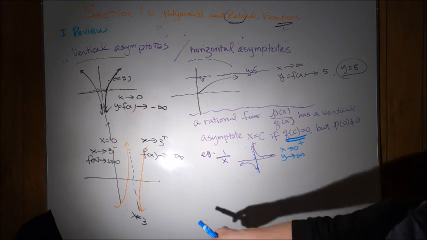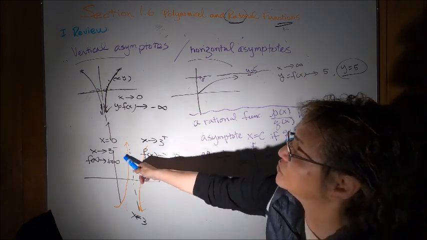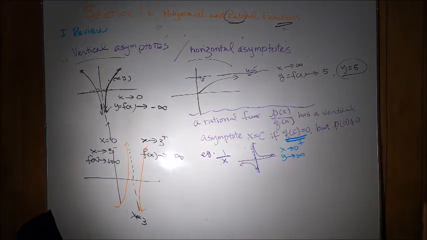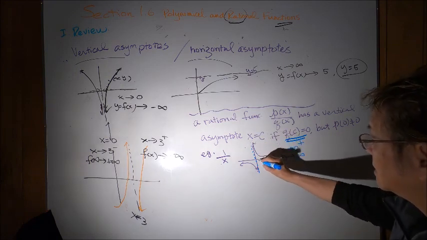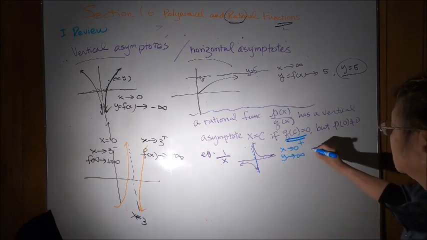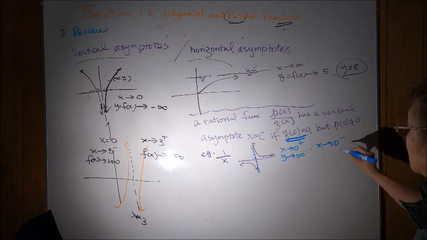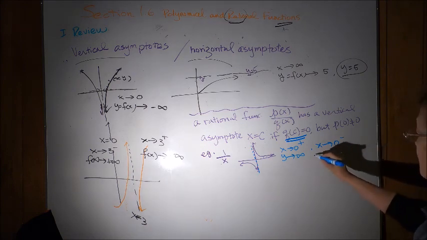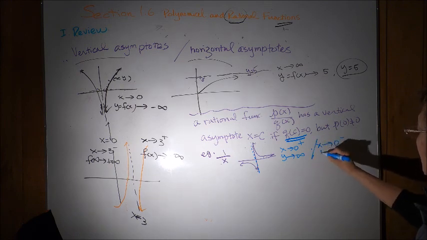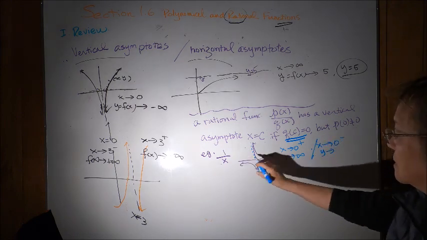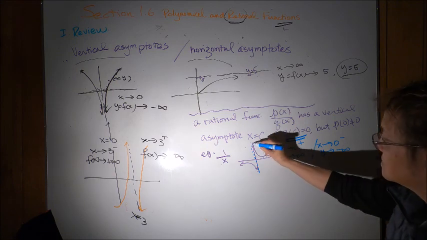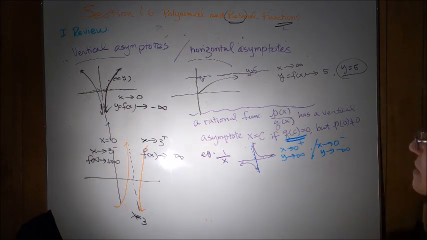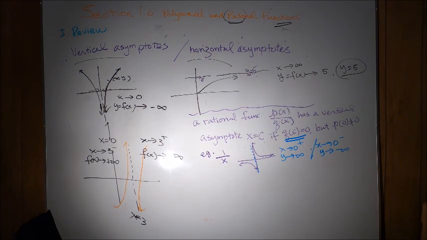So like this one, x approaches 0, you approach infinity. Then x approaches from the left-hand side, then you have y approaching negative infinity. So this line is your vertical asymptote.